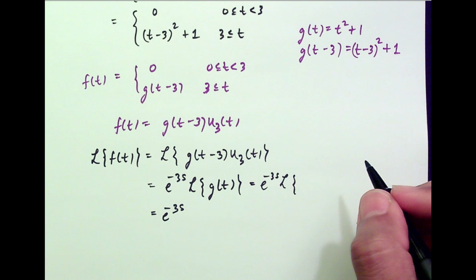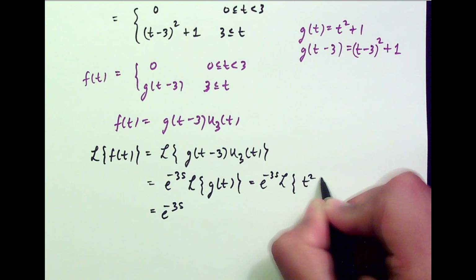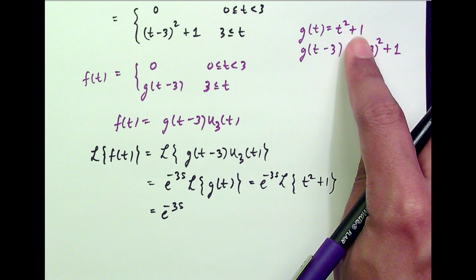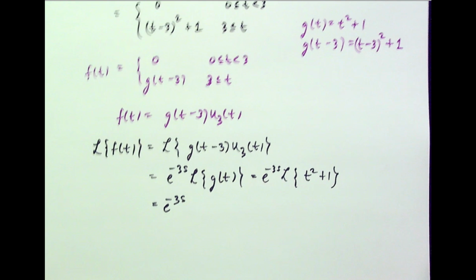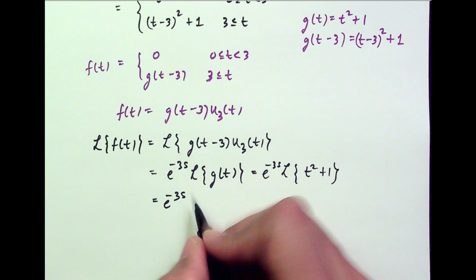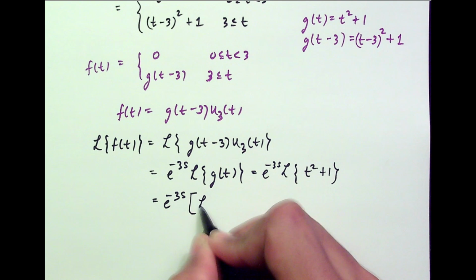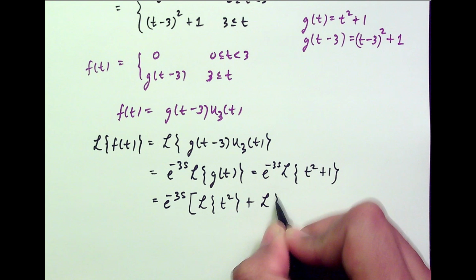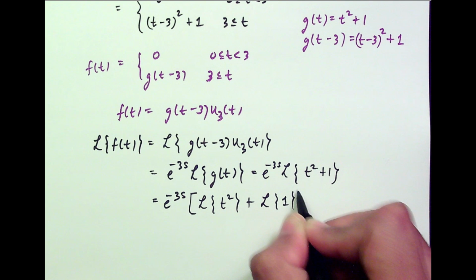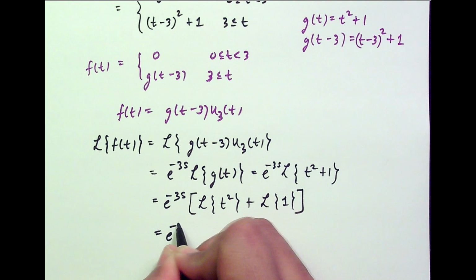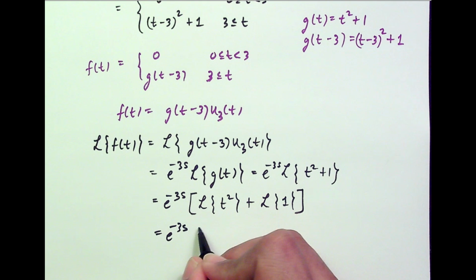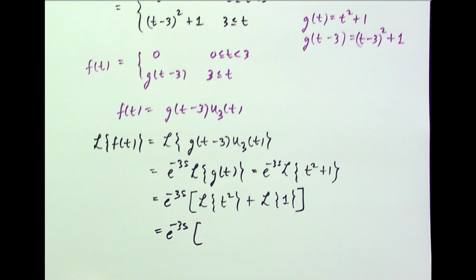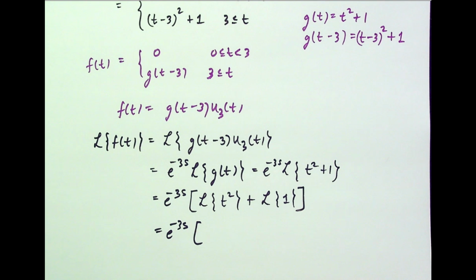Now, g of t is t squared plus 1. And now the Laplace transform is linear, so this is the Laplace transform of t squared plus the Laplace transform of 1. And now you look these up in your table. Where's my table again? Here it is.